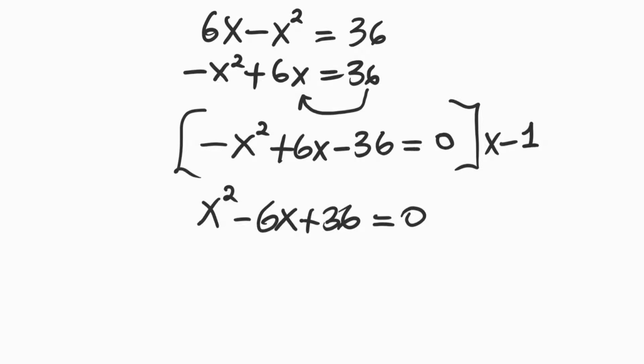So what numbers can we multiply together to get 36, and then when we add, we get minus 6? 9 times 4 is 36, minus 9 minus 4 will give us minus 13. If we multiply, we get positive 36, but minus 13 is not what we want. Positive 9 minus 4 will give us minus 36, which is not what we want.